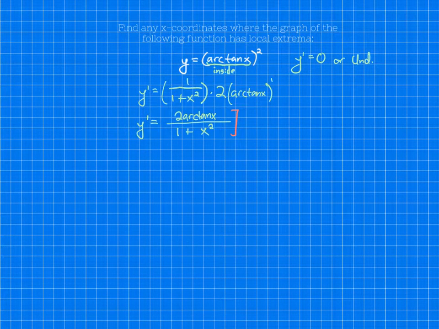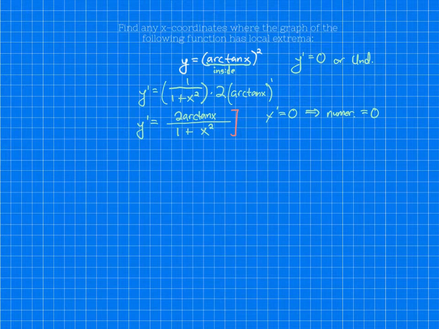Whenever this fraction is equal to 0, that's going to be where the top is equal to 0. So if we want to find where our derivative is equal to 0 here, that's going to be equivalent to finding where the numerator is equal to 0. Because 0 divided by anything is still just 0.